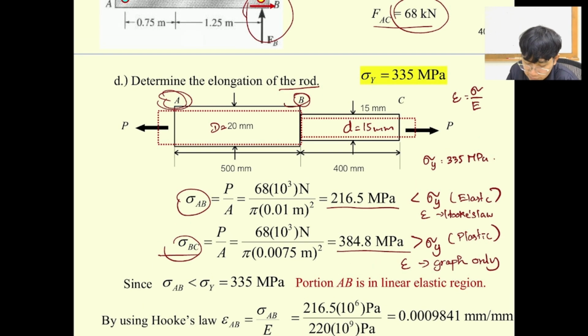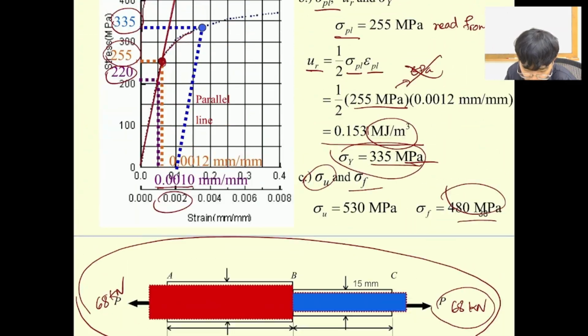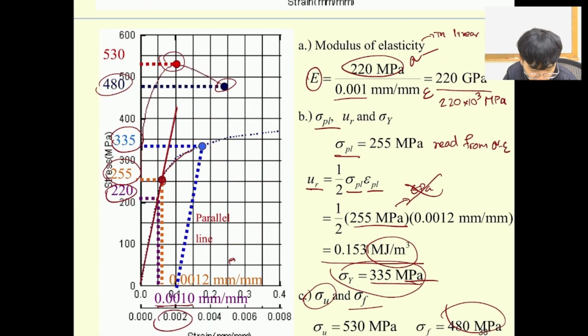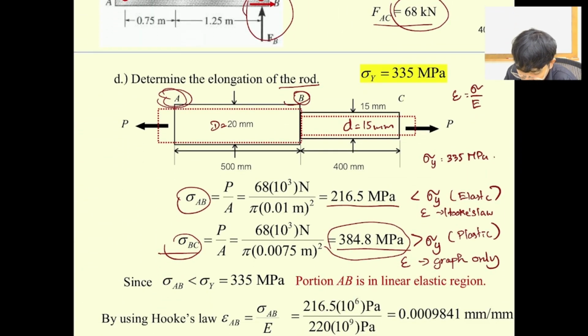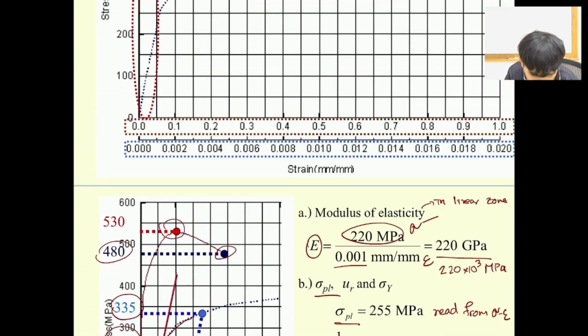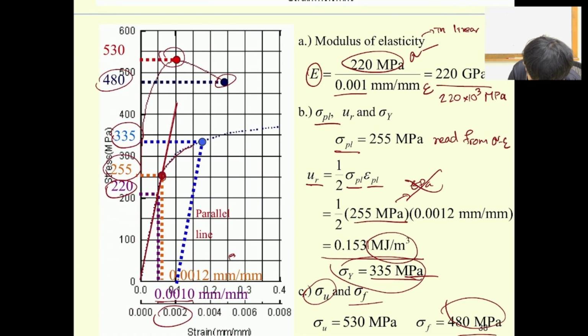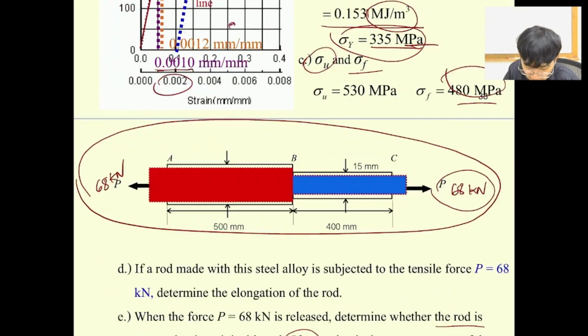And then I use this number. I'm going to plot in here. For example, it's 384.8, about 385. So it's going to be 385 somewhere here. For example, somewhere here, you can just plot in detail later.